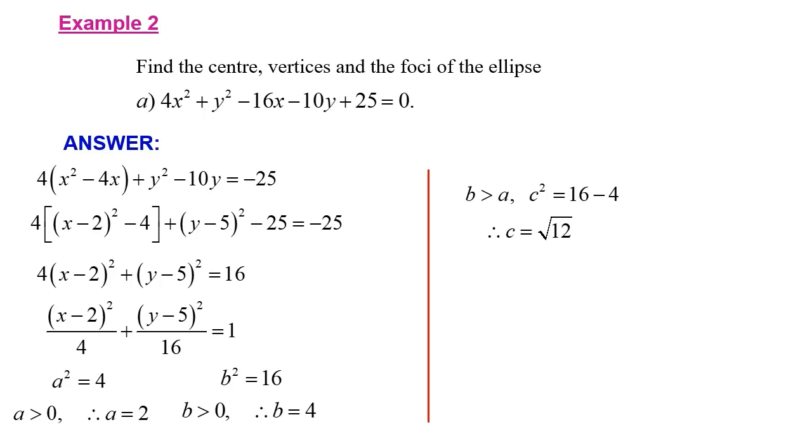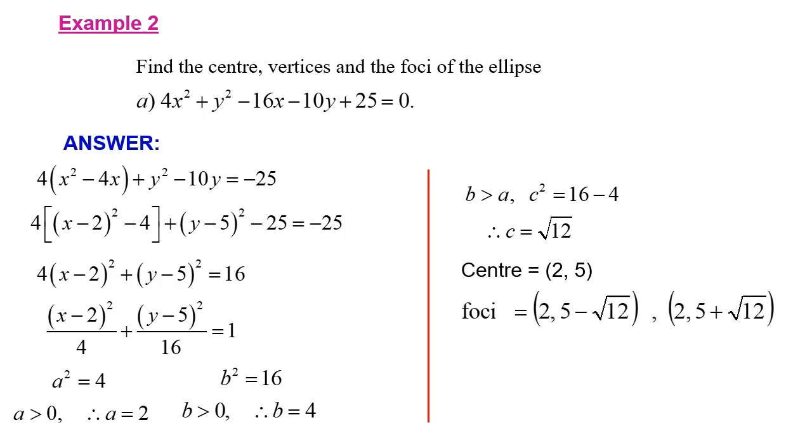Right, next to find the value of C. Since B is greater than C, so 16 minus 4, the value of C will be 12, or you can write it as 2 times 3. So from there we can find the center, which is 2, 5. The foci, you can give 12 or 2 3, whichever you prefer.